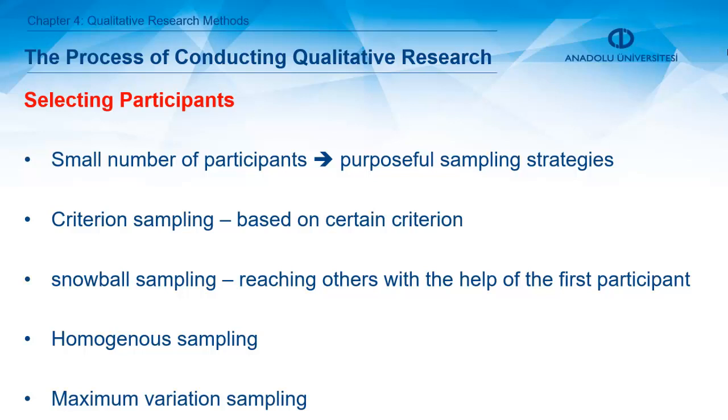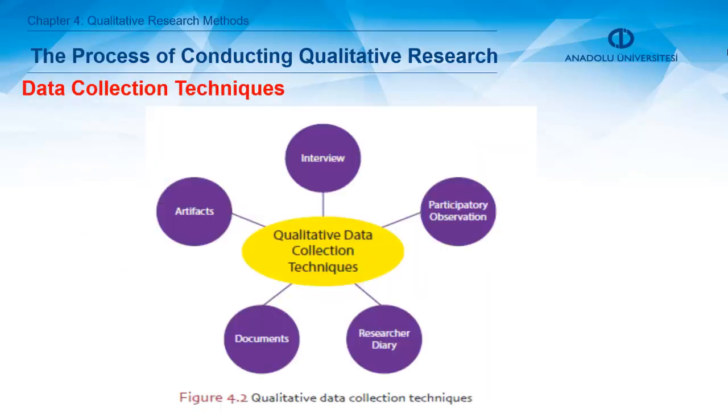If you benefit from snowball sampling, you reach other individuals with the help of your first participant. You decide on a participant, you think that yes, this participant can provide me a rich amount of data, and then you go to other people with the suggestion of your participants. You can also benefit from homogeneous sampling and maximum variation sampling.